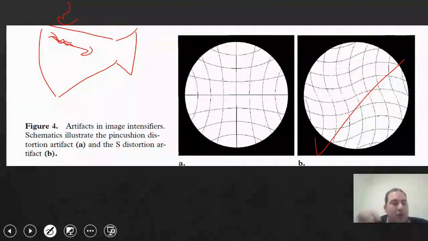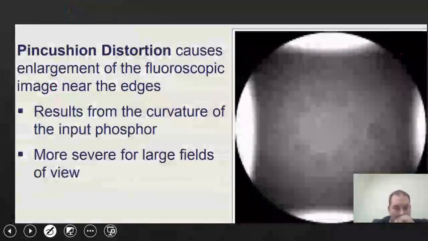The movement of these electrons will take the shape of an S-shaped distortion artifact. The S-shaped distortion artifact means that the signal reaching the phosphor is distorted due to the movement of the electrons. Instead of appearing as straight lines, the signal will take on an S shape due to changes in its path or trajectory as it moves.